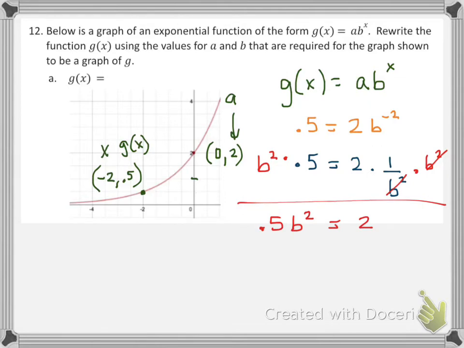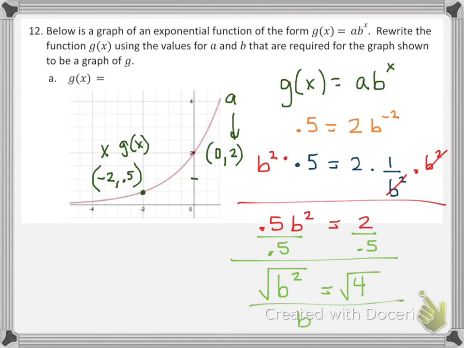And now we can go about the business of isolating the b. Divide by 0.5, divide by 0.5. That's going to be b squared is equal to 4. And then to isolate b, we just take the square root. And we get b equals the square root of 4, which is 2.